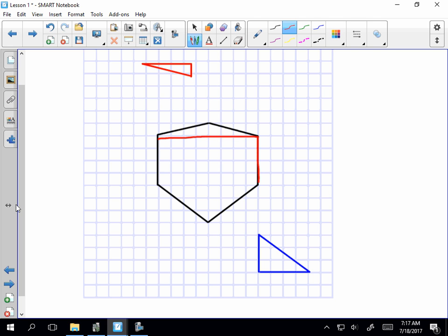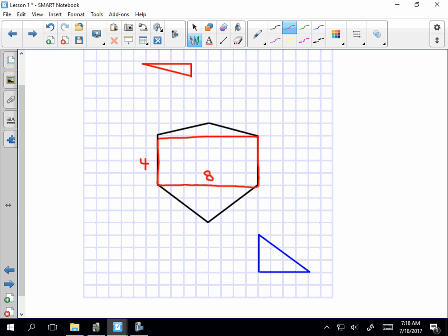We have our middle rectangle here, and we can find the area of that rectangle, 4 units high, and we've got 1, 2, 3, 4, 5, 6, 7, 8 units across.